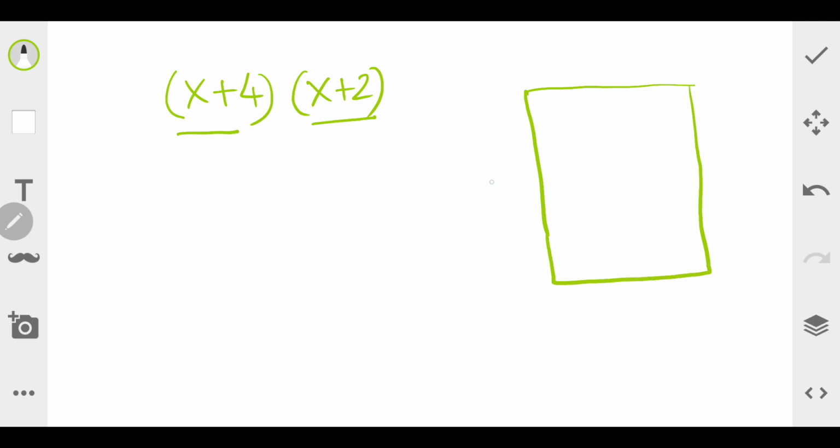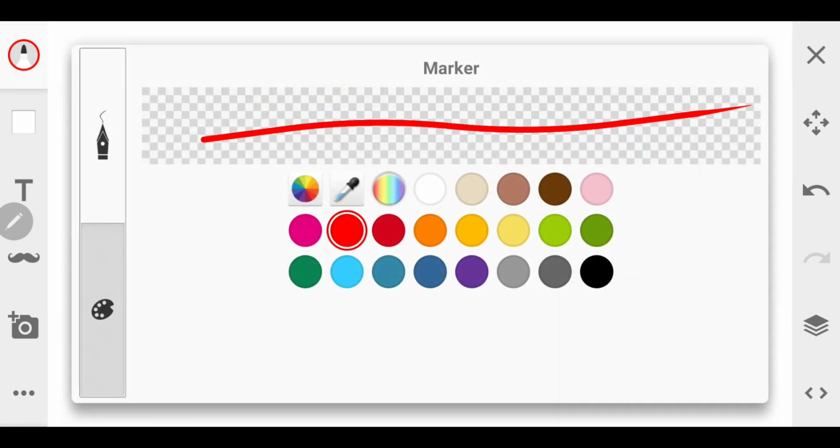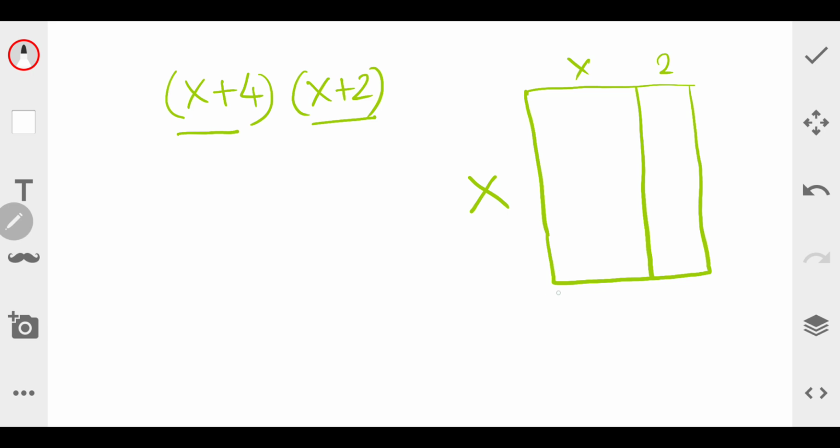I'm just going to focus on this part, x and 2. And let's use a different color. Let's say the other one is not there. Let's forget about the red part for now.